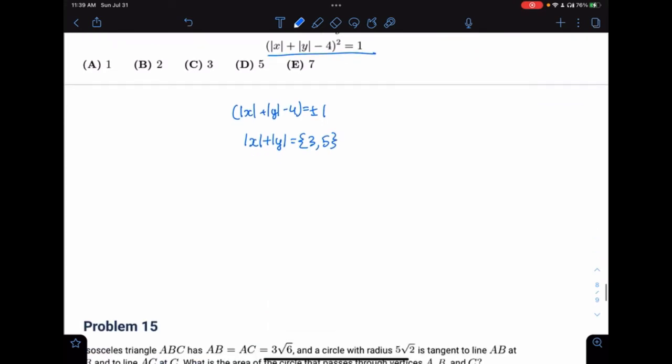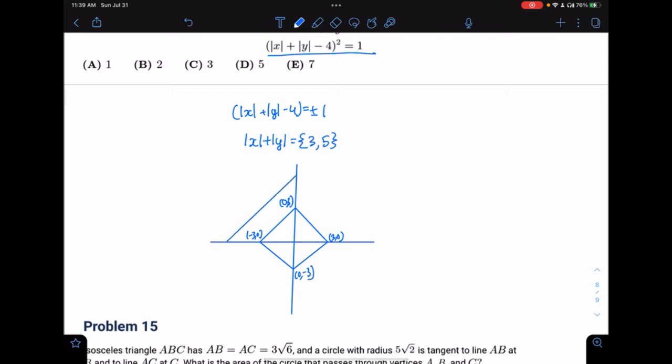So now we can graph this. If we draw our graph, for the value of 3, we'll get a diamond, which goes through the points (-3, 0), (0, 3), (3, 0), and (0, -3).